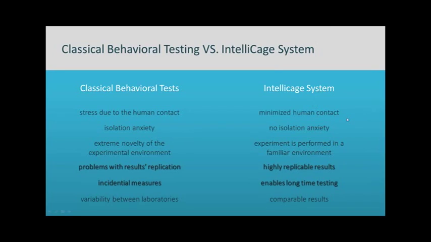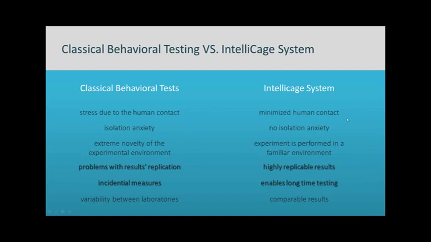Also, it allows us to diminish isolation anxiety, or to eliminate it, because the mice are tested in a social group. Also, it's important that the experiment is performed in a familiar environment. So all these features allow us to limit anxiety in animals.